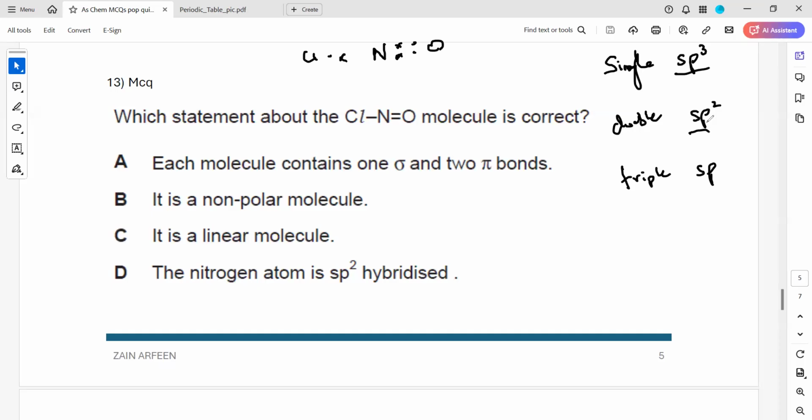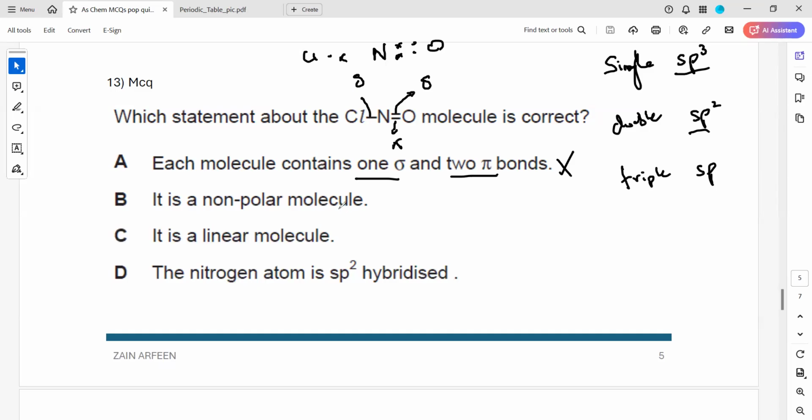And the term hybridization means the energies of the orbitals are the same. Whenever a single bond is there, it's always sigma. So this will be a sigma bond and this will be a pi bond, or you can swap them. So each molecule contains 1 sigma and 1 pi. That is wrong; each molecule contains 2 sigma and 1 pi.